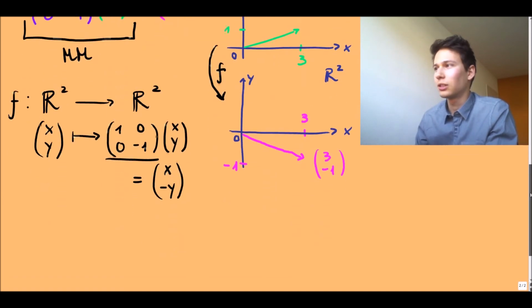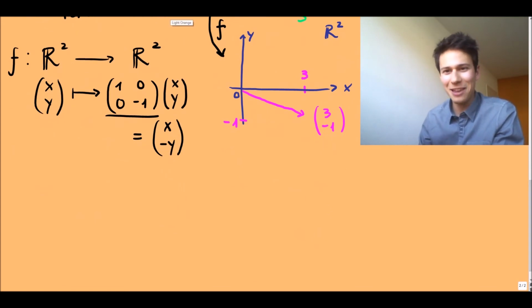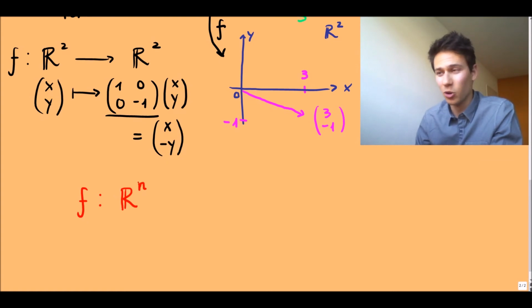Now, the final thing that I want to tell you, and basically the aim of this video, is that you are not afraid anymore of such functions. So functions which go from some random coordinate space to a new random coordinate space.